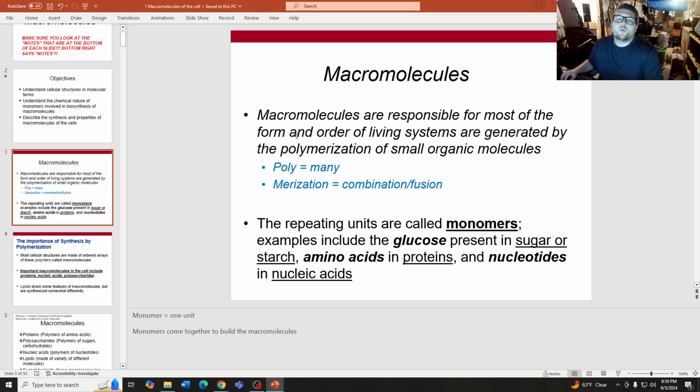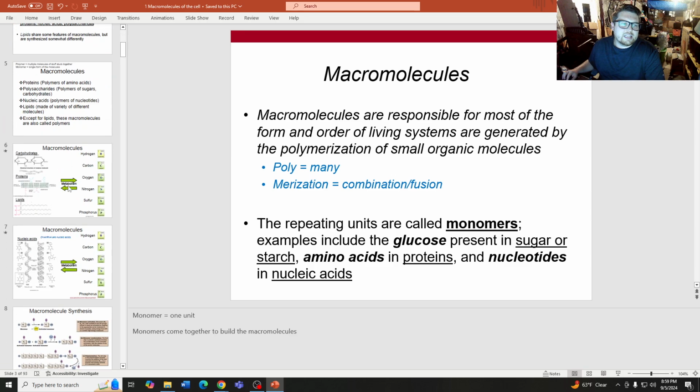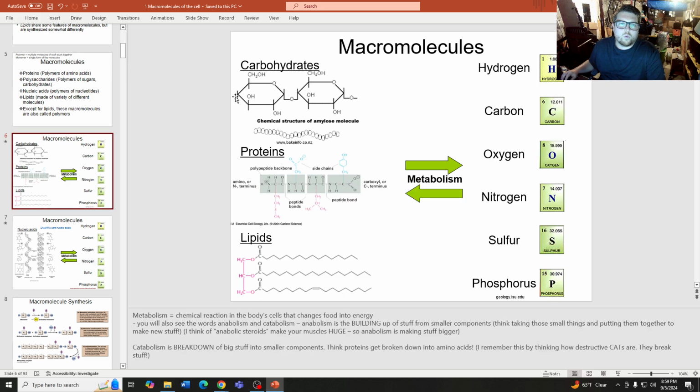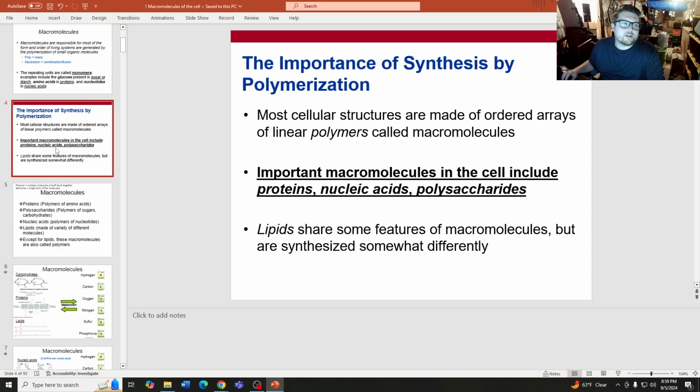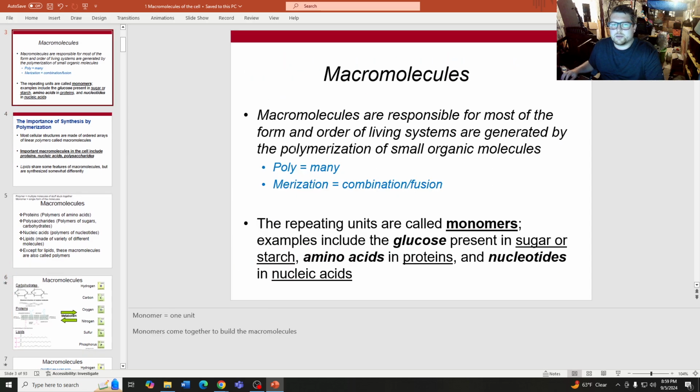But we take a bunch of monomers, so little individual things, like one of these little guys, and we put them all together to make bigger things. That is polymerization. The repeating units are going to be called monomers. That's one single unit, such as glucose when you talk about sugars or starches.